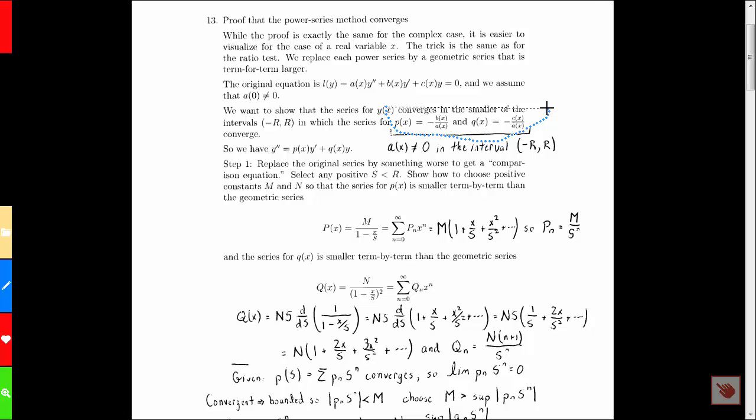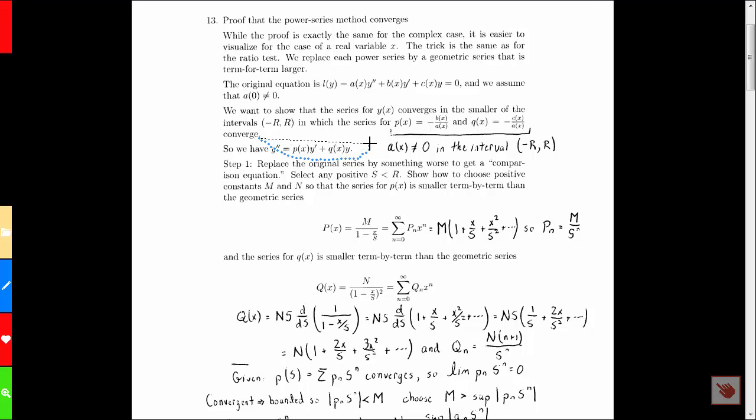So to deal with only 2 rather than 3 series, I'm going to divide through by a of x, isolate y double prime on the left-hand side, and set p of x is minus b of x over a of x, and q of x is minus c of x over a of x. There will be some interval from minus capital R to R on which a of x is different from 0.